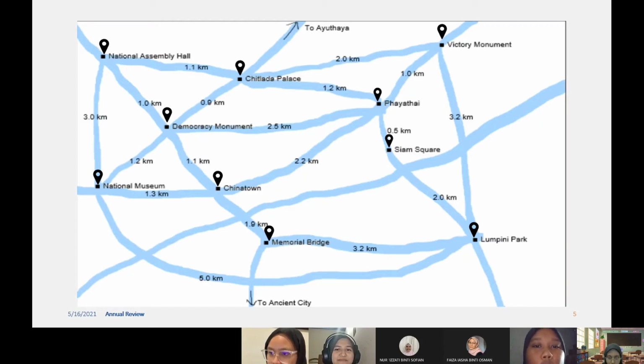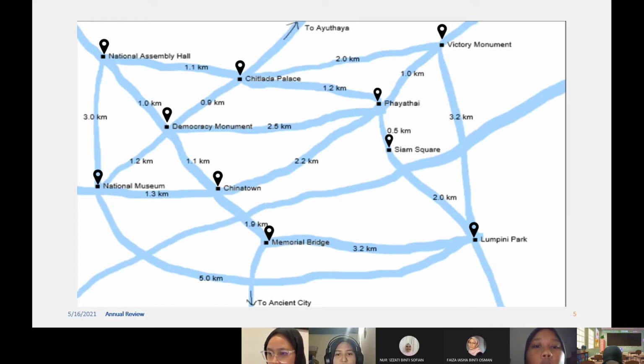Okay, so we came from National Museum to Chinatown. When we arrived at Chinatown, we have four other routes, but we cannot choose the route to National Museum, Democracy Monument, or even Payatai because we already chose those vertices before. Because this is a trip and also this is Prim's algorithm, we cannot choose a vertex that we have already chosen, and you don't want to go to your previous city.